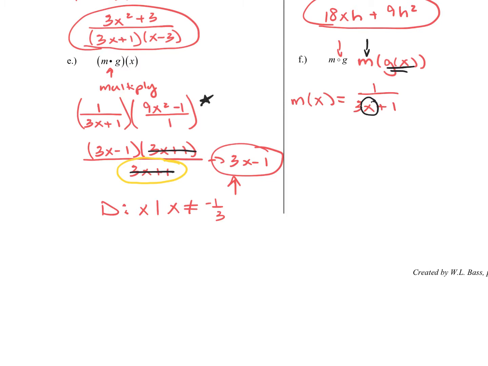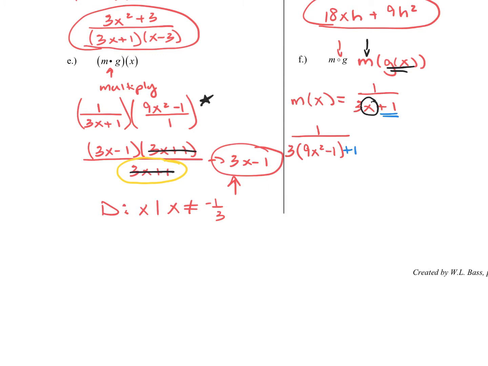So I'm going to have 1/3, and then that x is going to become the g of x function, which was 9x squared minus 1. Don't forget, when we're writing this, we need to include this original plus 1 right here. So we're going to go ahead and include this nice plus 1 right there.